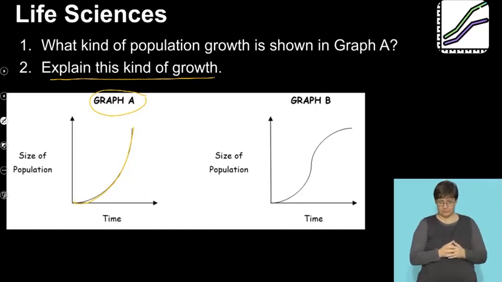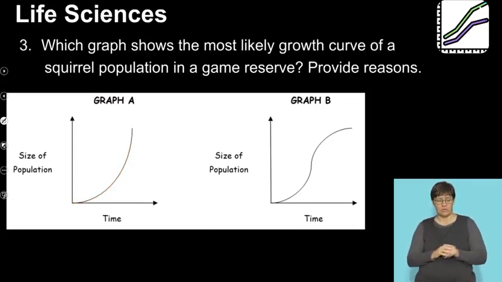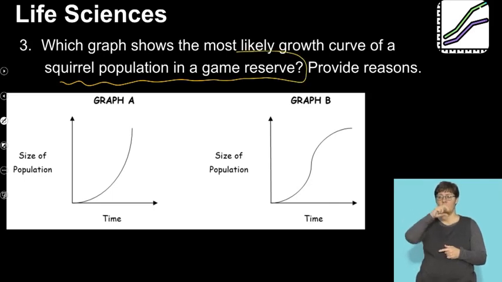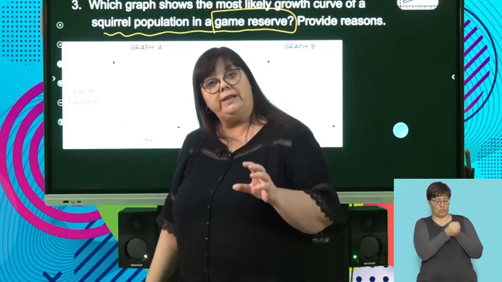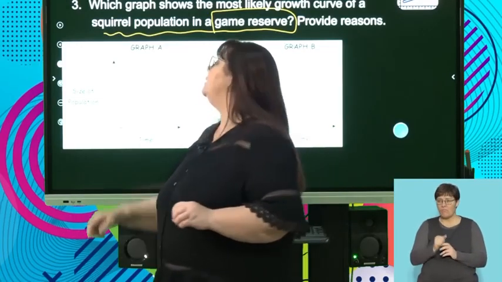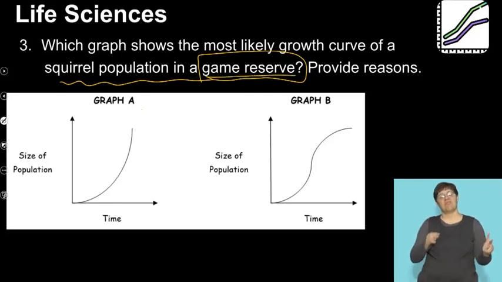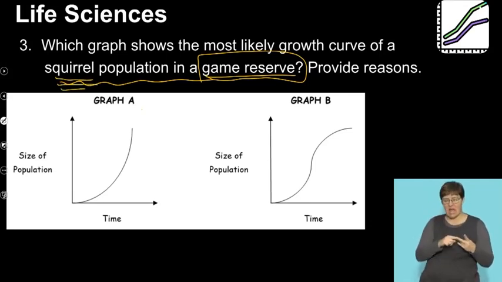Let's move on. Question number 3. Which graph shows the most likely growth curve of a squirrel population in a game reserve? So we're not looking at the ideal conditions that are shown in graph A. We're looking at a natural population where the squirrel will be subjected to limiting factors, disease, predators.